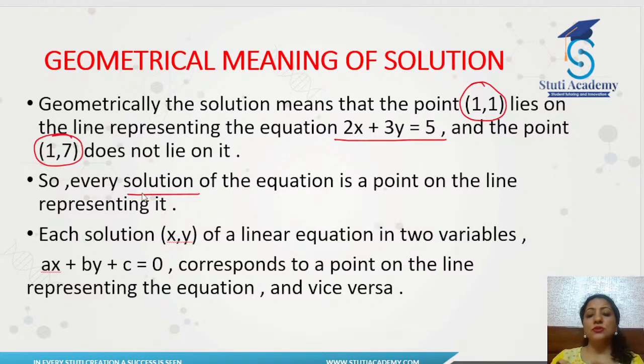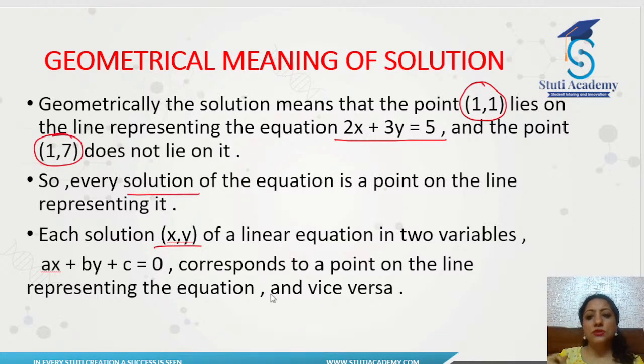So whatever solutions you find for a particular line, like in this case I have 2x plus 3y equal to 5, I draw a graph of this on a Cartesian plane. I'll get a line. All the solutions for this, as I just told you, there are infinite solutions for a linear equation in two variables. All the solutions are going to lie on the line. Each solution (x, y) of a linear equation in two variables corresponds to a point on the line representing the equation, and vice versa.